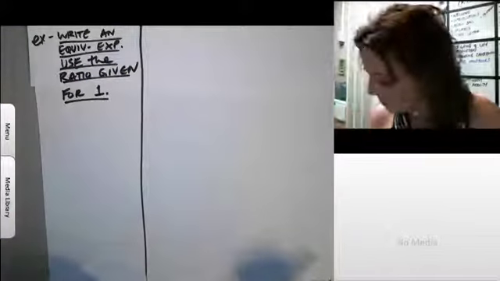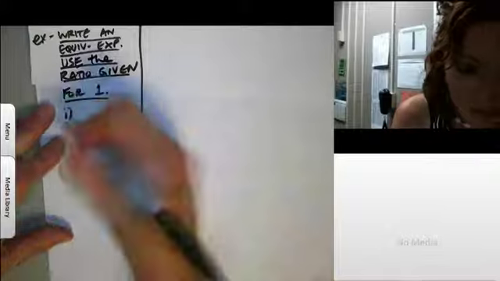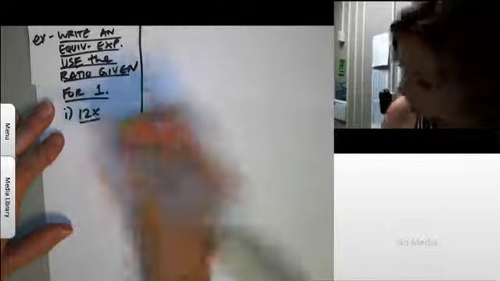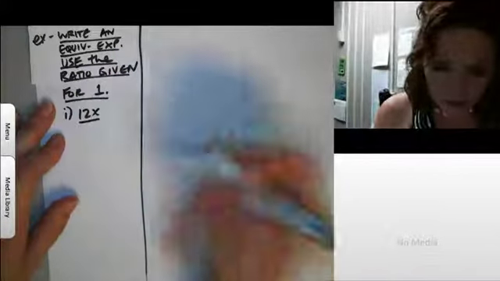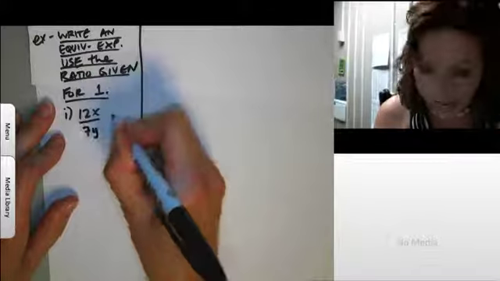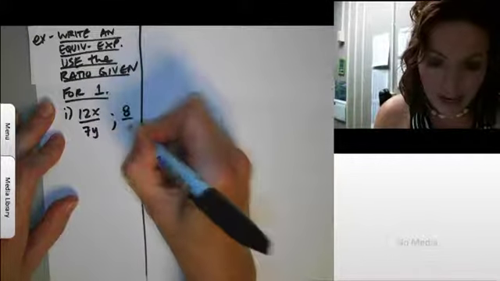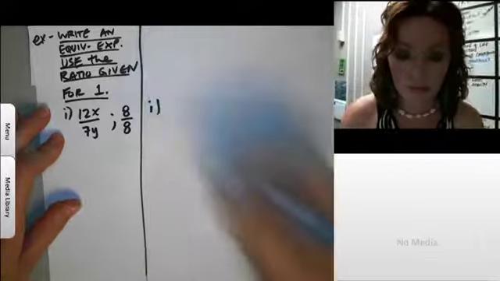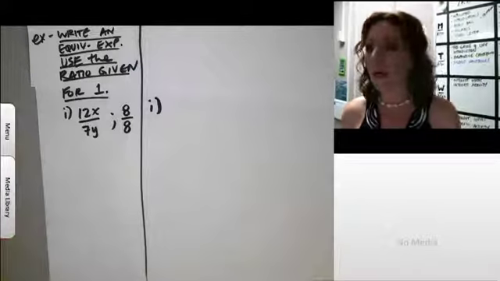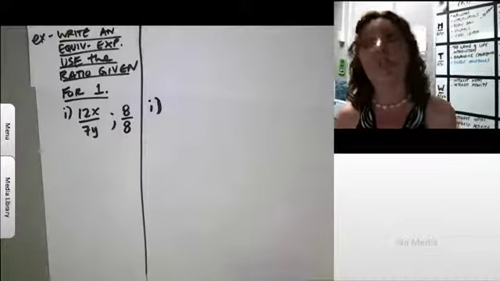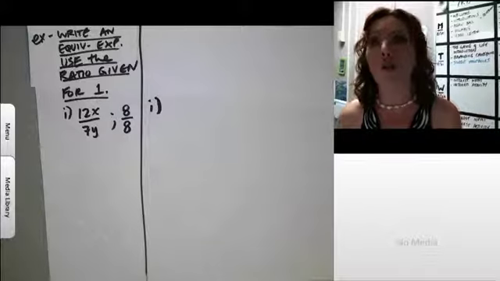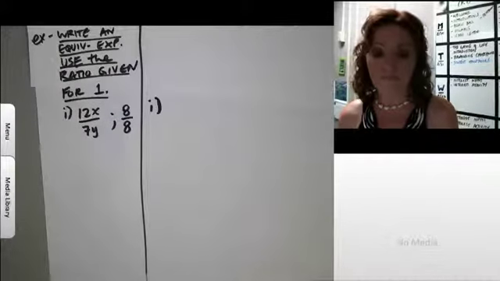All right, so we have, that's a huge number. Let's do 12x over 7y, and they give us 8 over 8 for the number 1. And they want us to write an equivalent expression. So an expression that's equivalent to 12x over 7y.